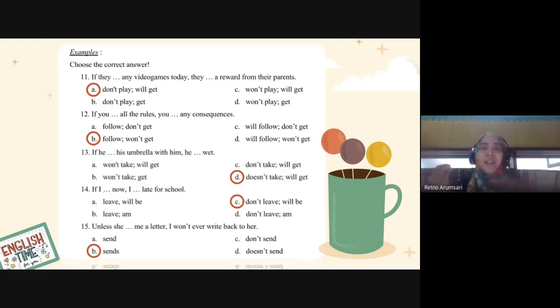So you have to find the answer that makes the condition not support the result because you use unless. Which one is it? The answer is sends. Okay? Unless she sends me a letter, I won't ever write back to her. It's the same as if she doesn't send me a letter, I won't ever write back to her. That's the same. Okay? 6E? Got that?